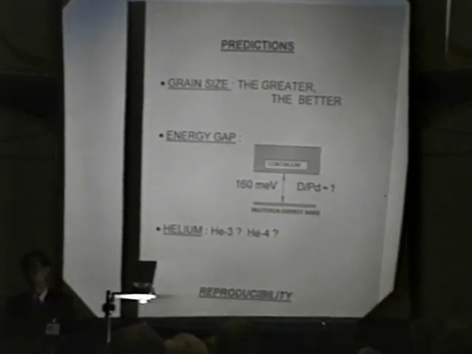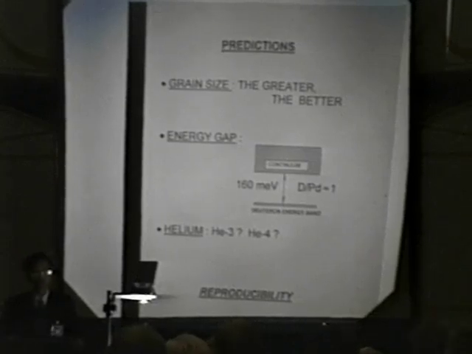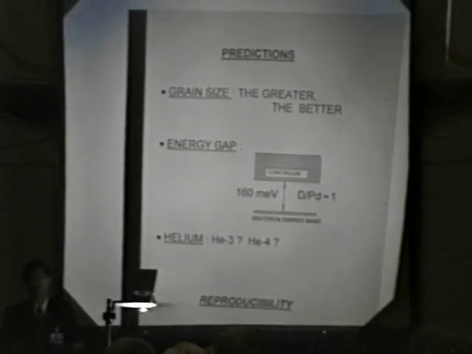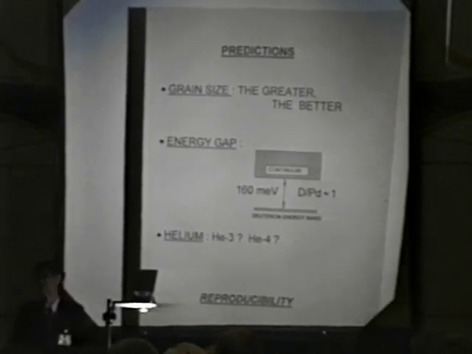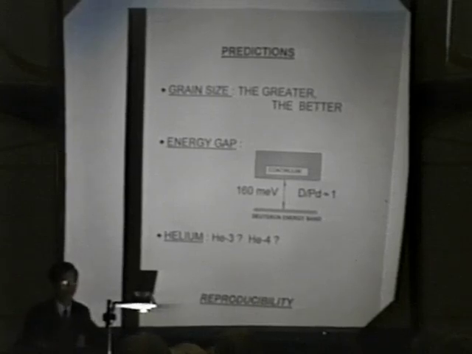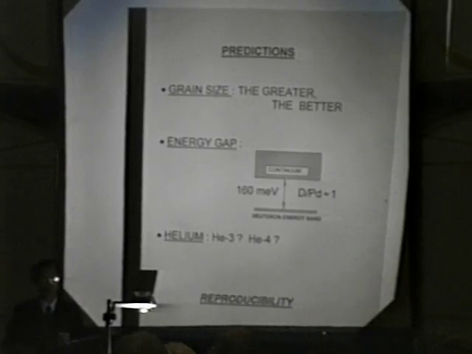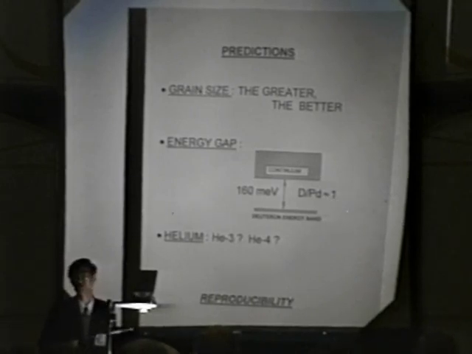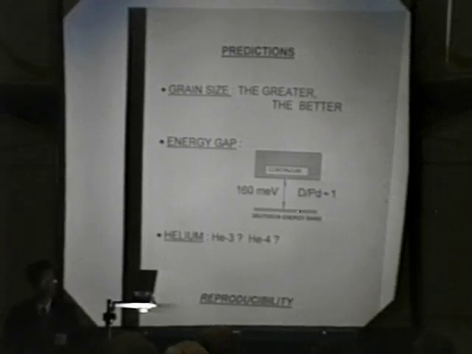It's about 160 milli-electron volts. We can measure this by inelastic neutron scattering. More important is whether the material scientists can control this width. If the energy gap is increased by 10%, then we can reduce this threshold to 0.6. Then the loading problem is much easier to solve.